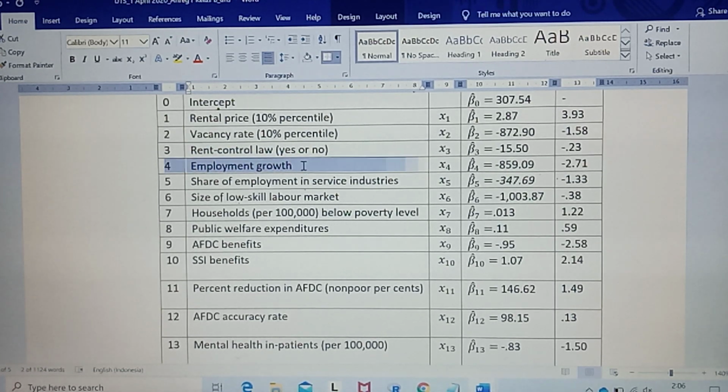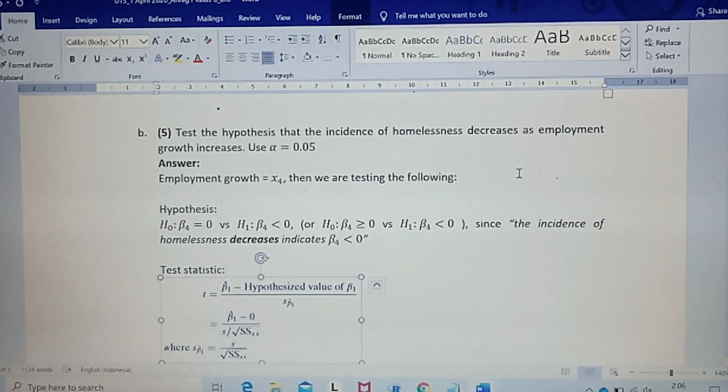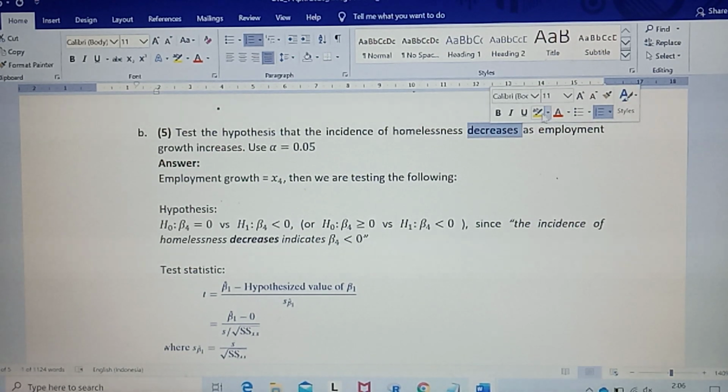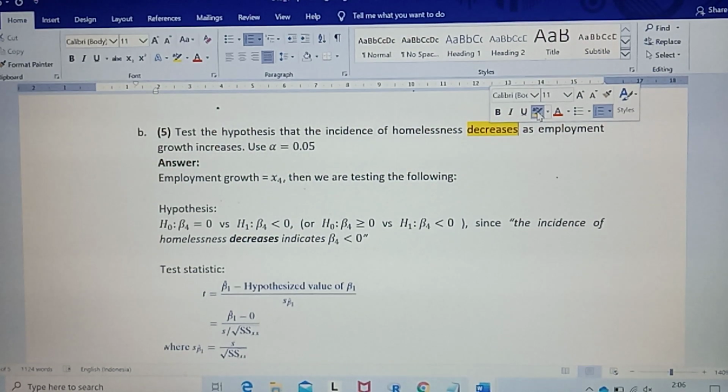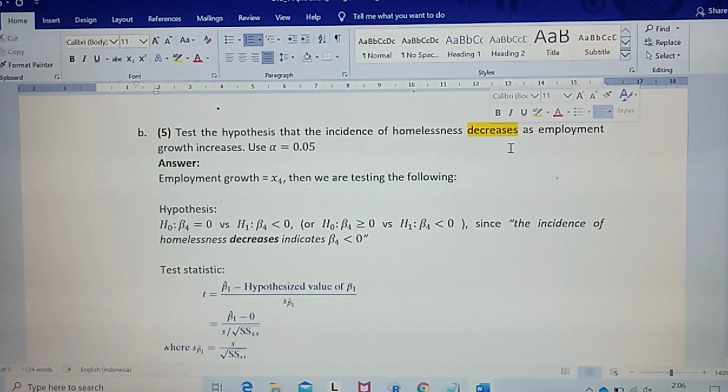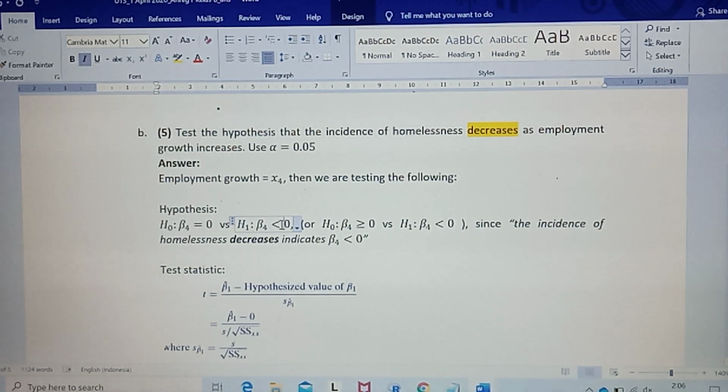Okay, and then we have that the estimated beta is minus 859.09. So from this statement, the number of homelessness decreases as employment growth increases, it means that we are testing a one-tailed hypothesis, and decreases means that beta 4 is less than 0.